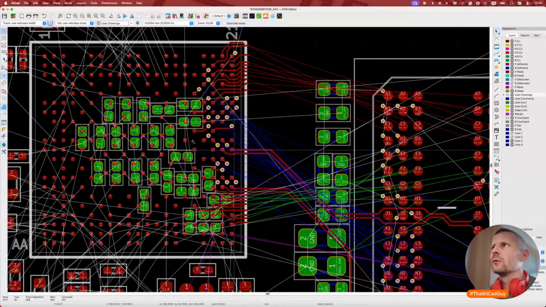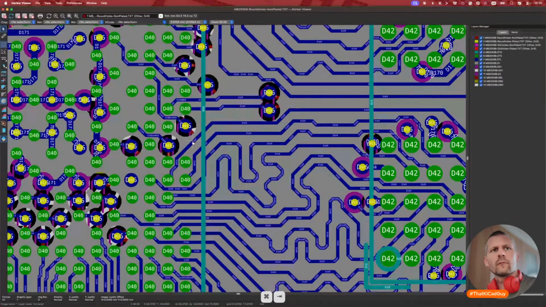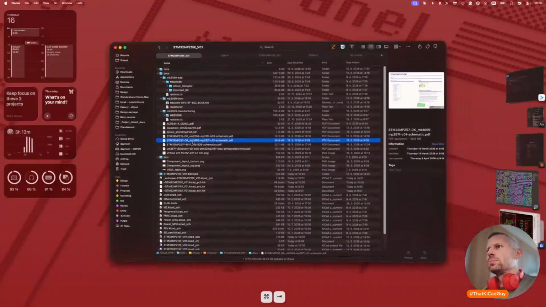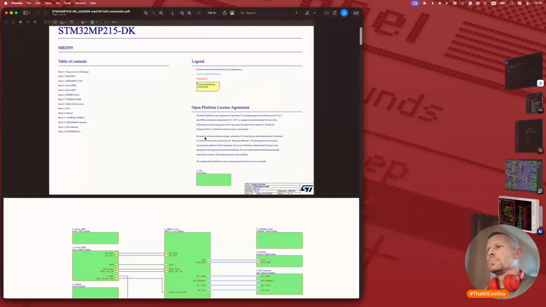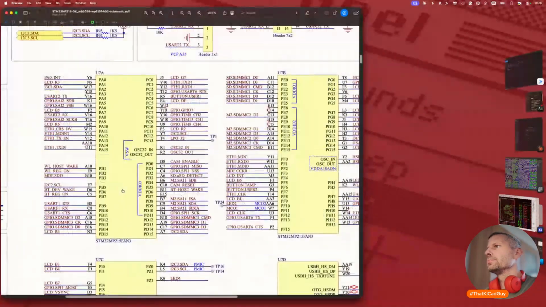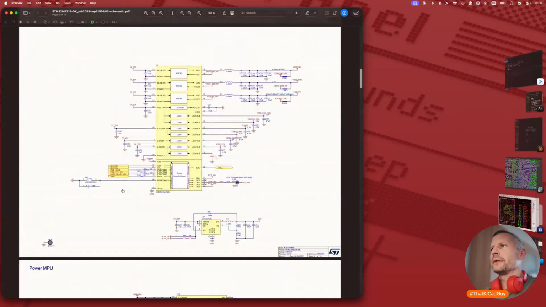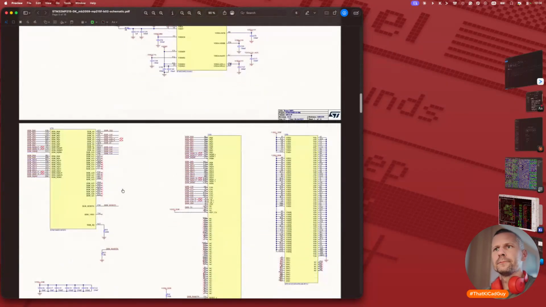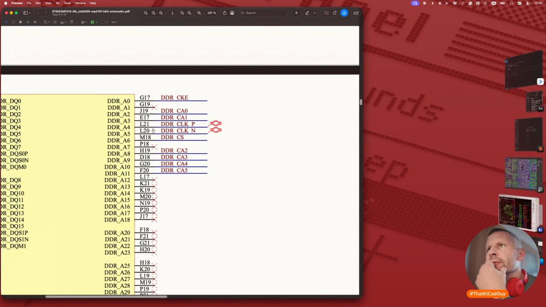No. Where is it? Here. Clocks. Here. A4, A5.